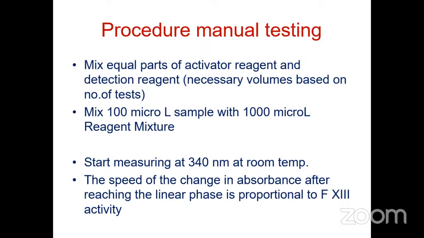Start measuring the OD at 340 nanometers at room temperature. We should calculate the speed of change in absorbance after reaching the linear phase. Generally, this linear phase is obtained after 5 minutes of mixing both reagents and sample.